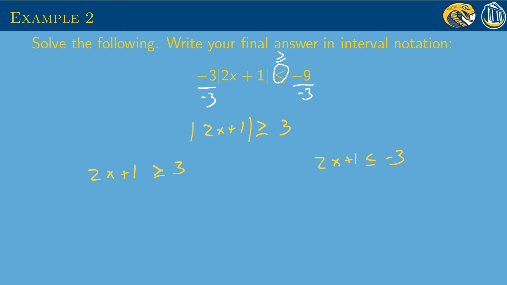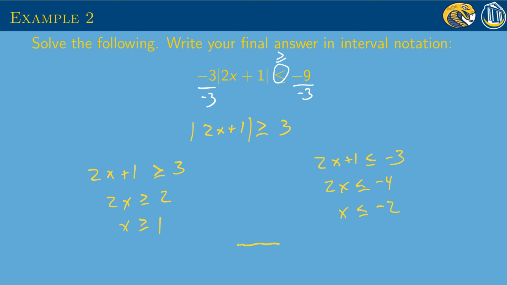We can solve these one at a time. Let's say we subtract 1 from both sides. 2x is greater than or equal to 2. x is greater than or equal to 1. And for our second inequality, if we subtract 1 from both sides, 2x is less than or equal to minus 4. x is less than or equal to minus 2.